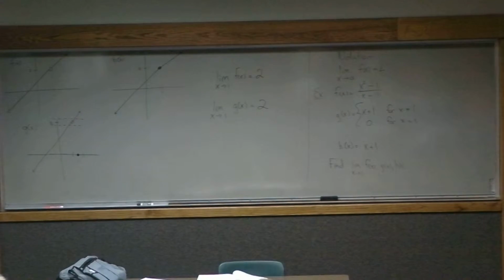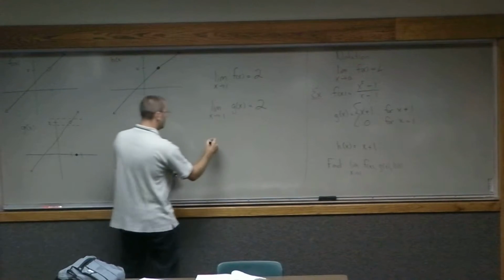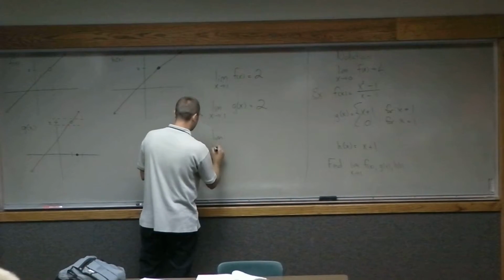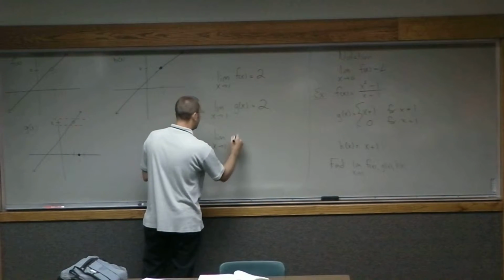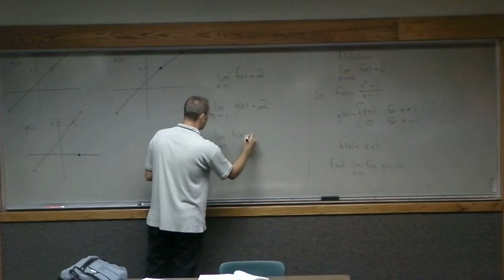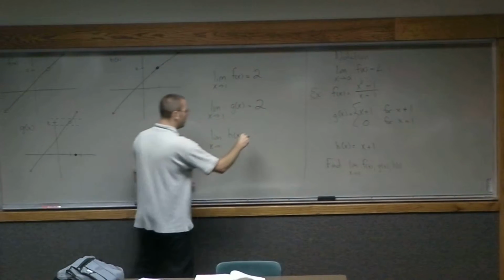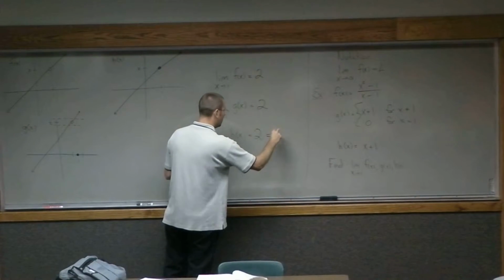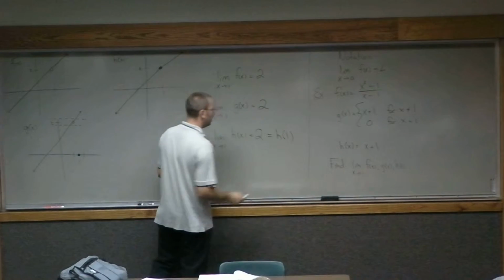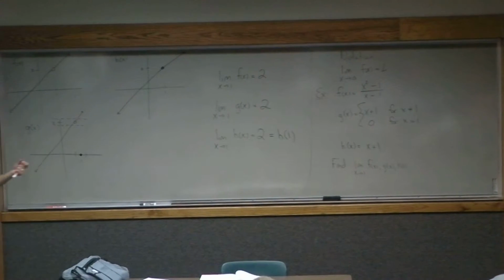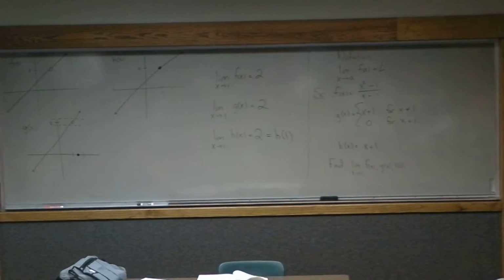Take a look at h of x. In that picture, pretty straightforward, hopefully. What's the value of the limit of h of x as x gets closer and closer to 1? It's equal to 2. And one thing you'll notice here is that that's the same thing as plugging the value of 1 into the function equation. That's an important property.